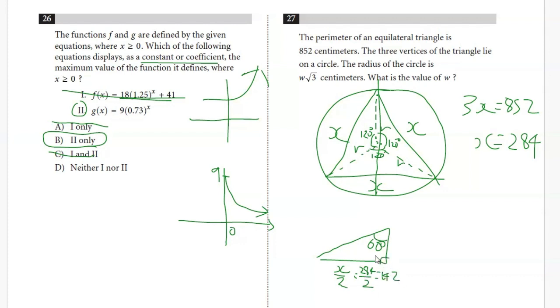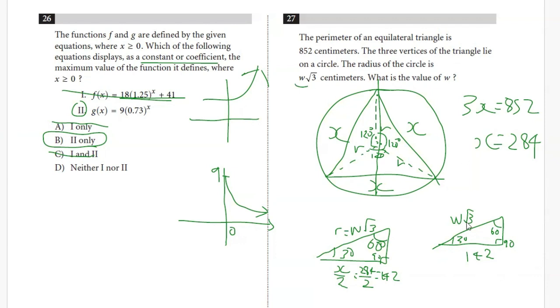And since this is a 90, we know that this is a 30. And this is R, which is represented as W root 3. I'll draw it out here once again: W root 3, 60, 30, and 90, 142. And we want to determine the W here.